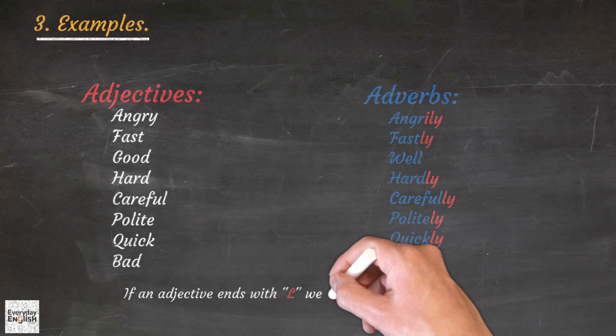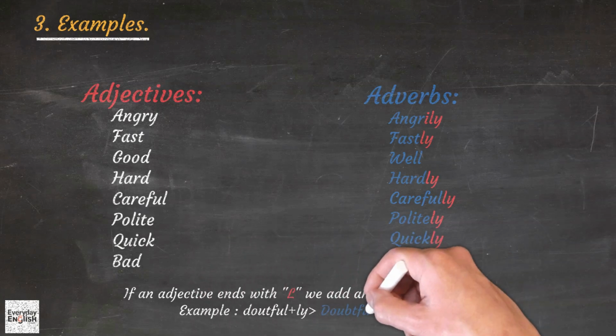If an adjective ends with l, we add an extra l. For example, doubtful, doubtfully.